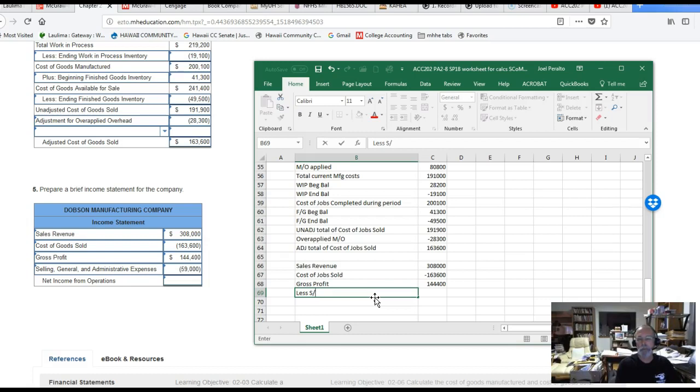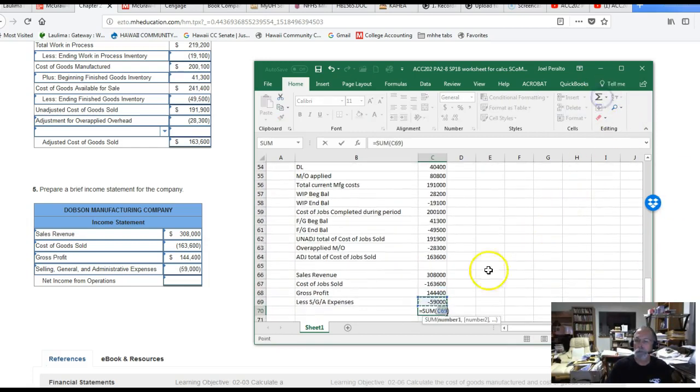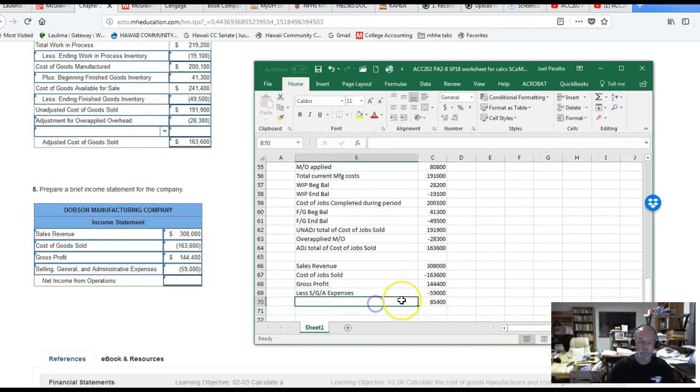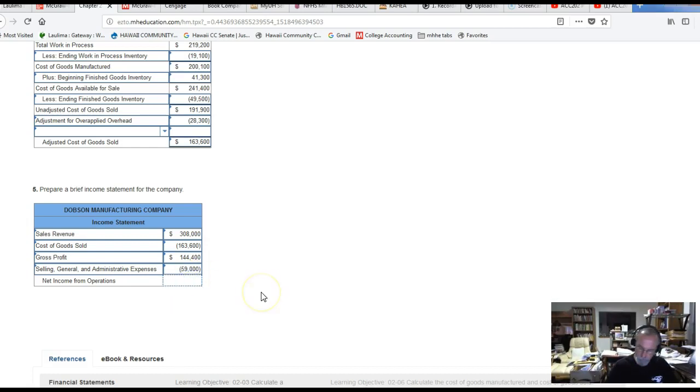Selling, general, administrative expenses of $59,000, and our net income then is $85,400.